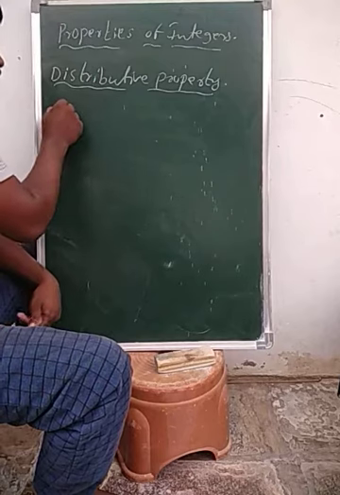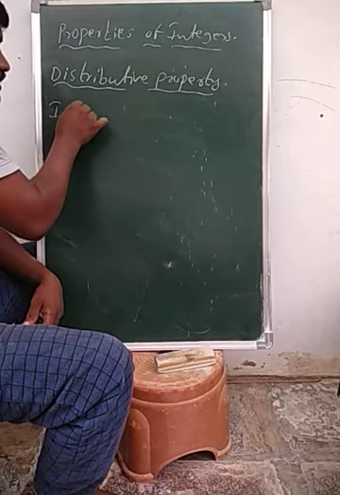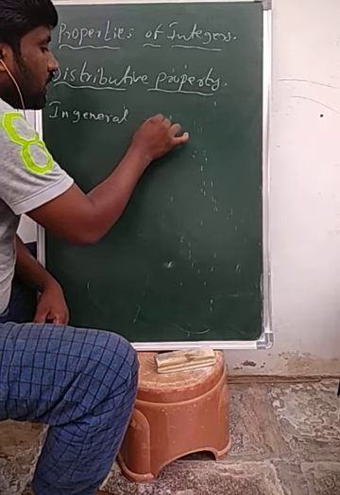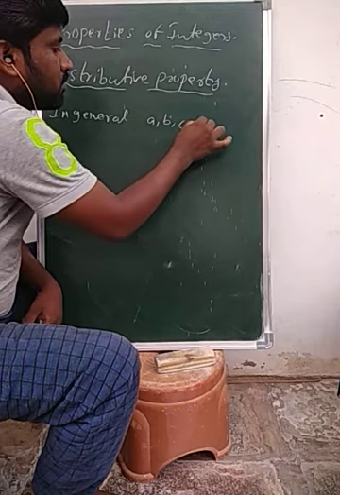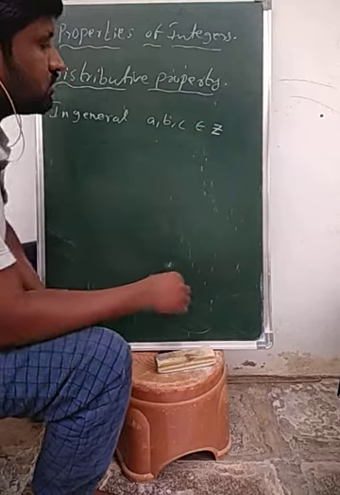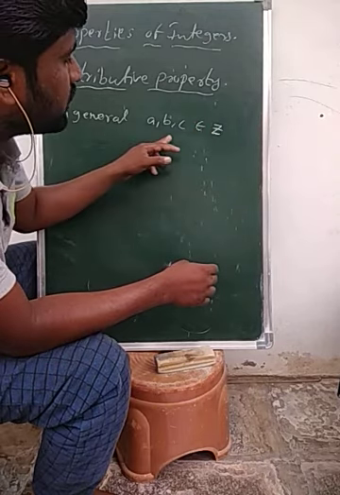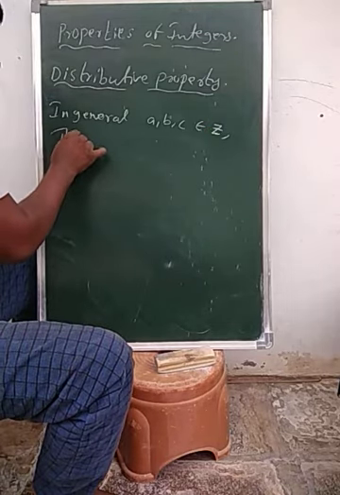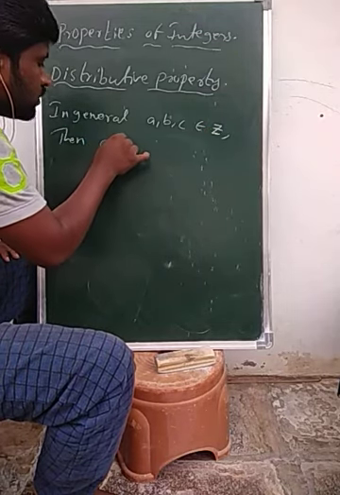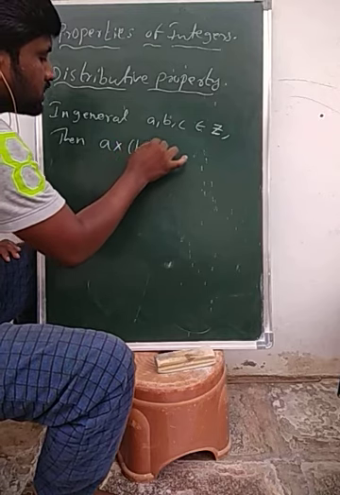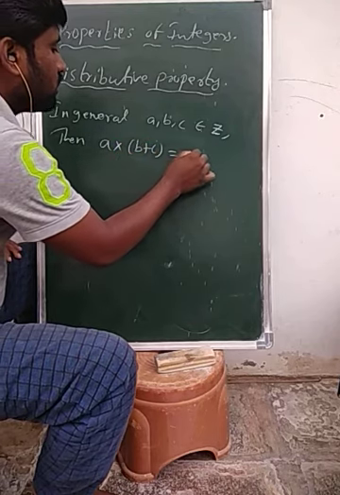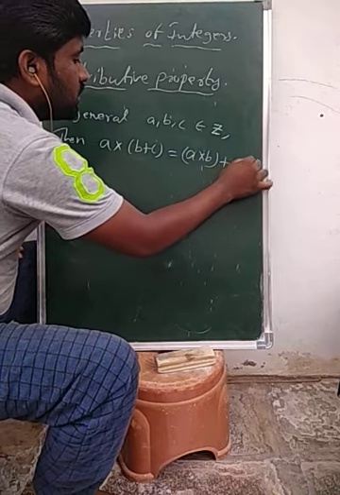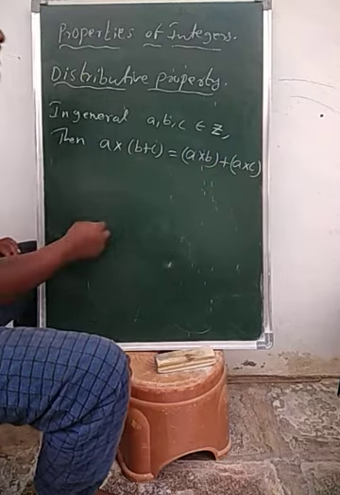In the distributive property, in general, a, b, c belong to integers, then a into (b plus c) is equal to a into b plus a into c. So this is the form.